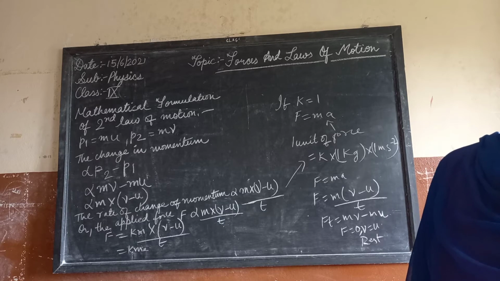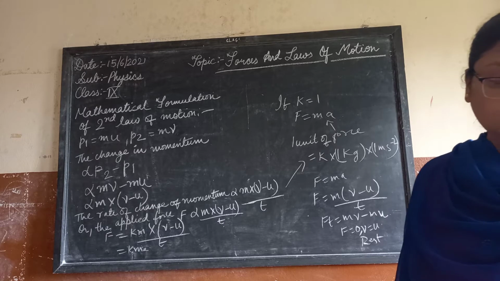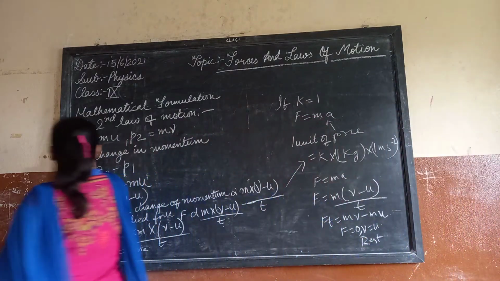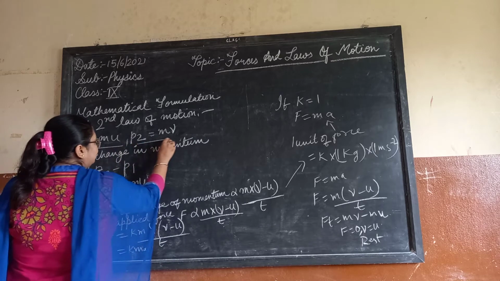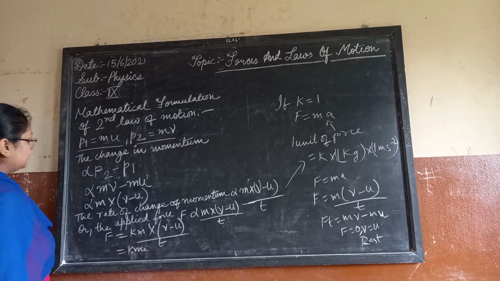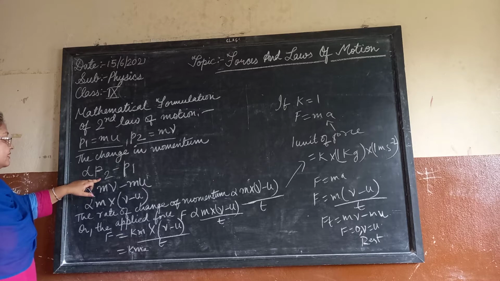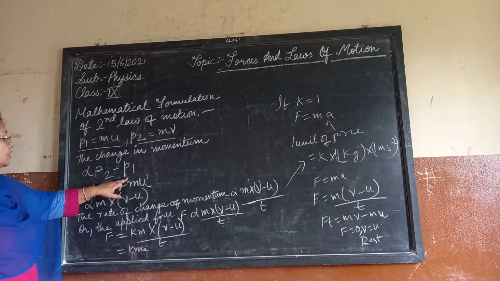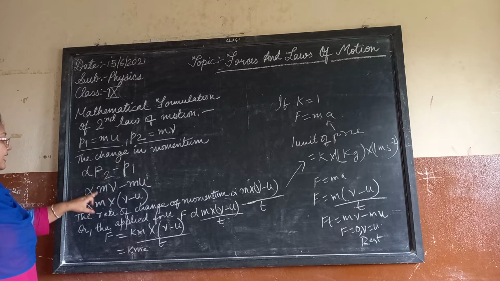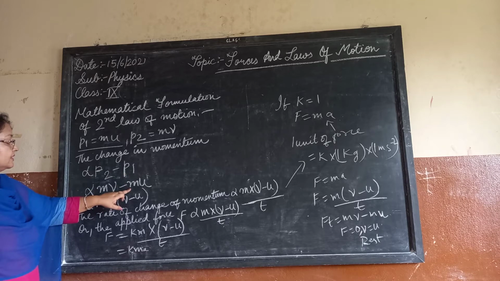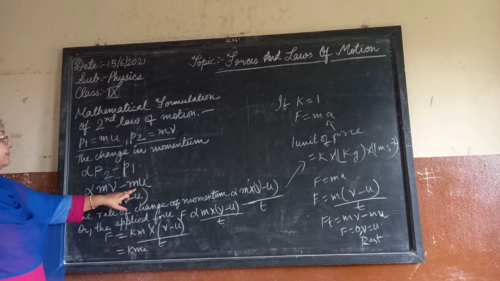It is already given in your book. So the initial and final momentum of the object will be p1 equals m u and p2 equals m v. The change in momentum is directly proportional to p2 minus p1, the final momentum minus the initial momentum, which is m v minus m u.